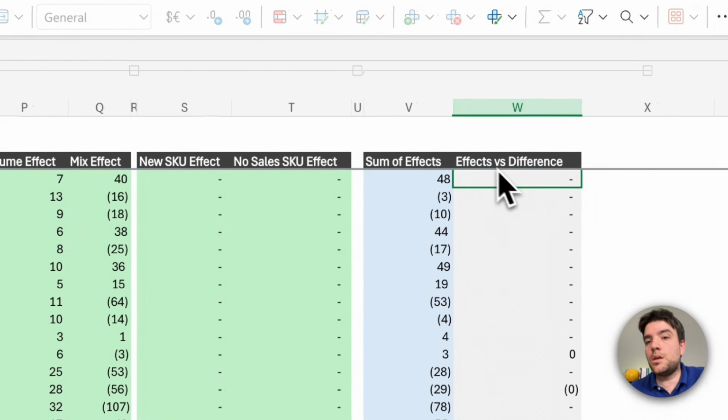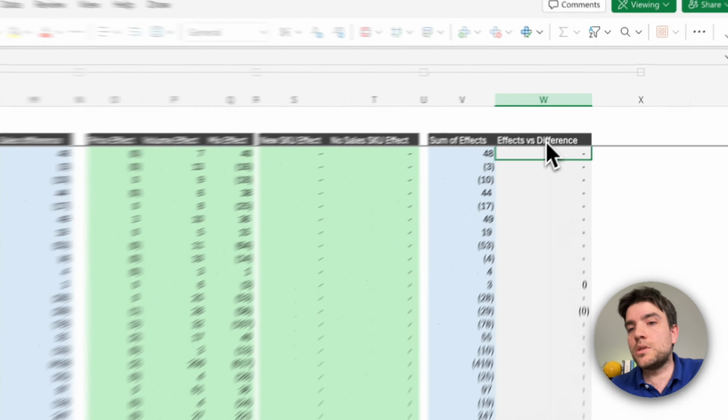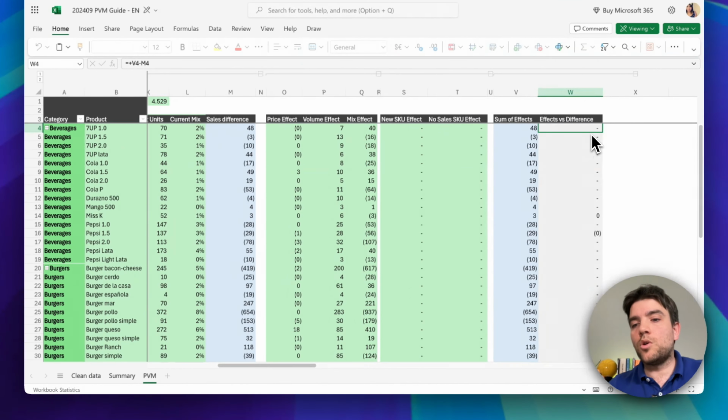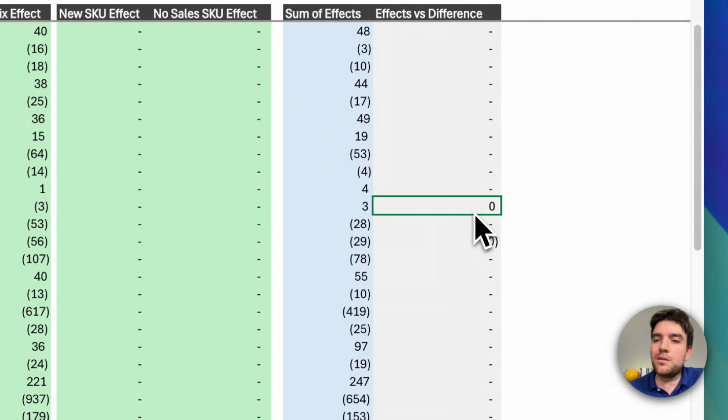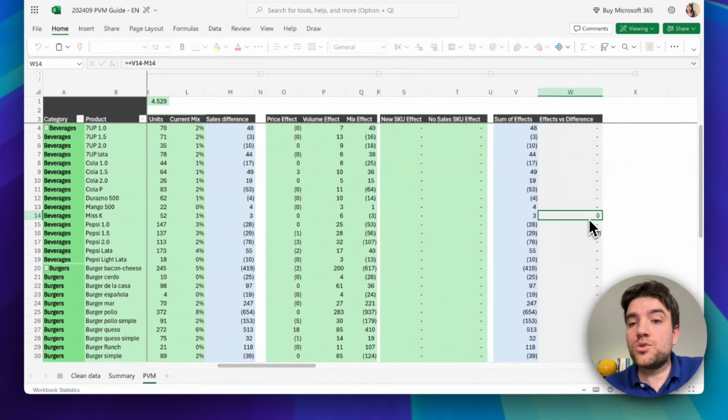You can see here that we have a column named effects versus difference, which compares the two calculations, so the sum of effects versus the sales difference. And if you see, in most of them the difference doesn't exist, and in some cases there is a really small difference that actually starts at the 15th decimal, so it's barely noticeable for any commercial team.